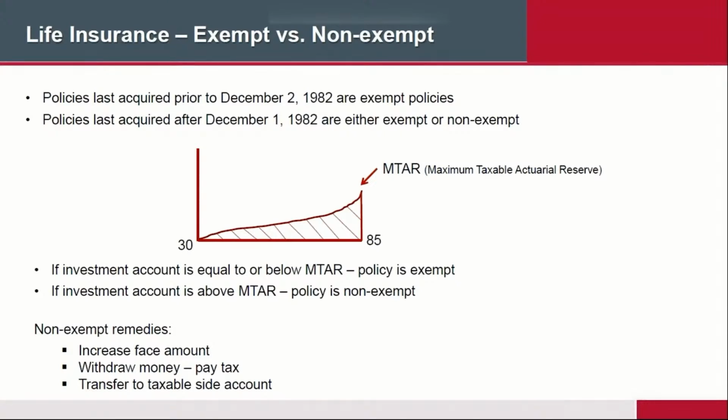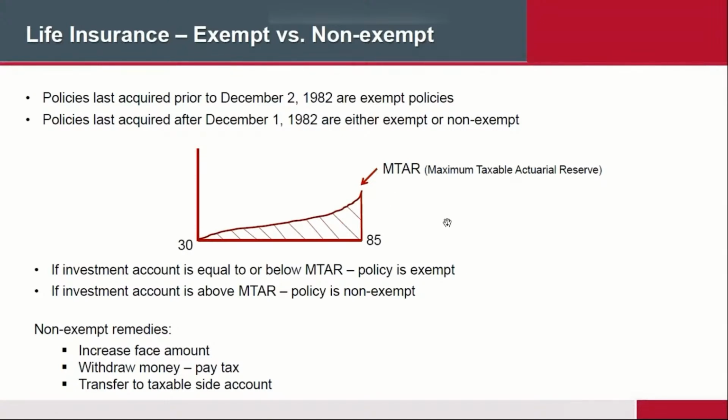So let's take a look at a product that is exempt. And let's assume for a moment that you're 30 years old, and once again, you've got $500,000 of coverage and so on and so forth. So you'll see in this graph this line, which is a very important line, and this is what they call the MTAR line, or maximum taxable actuarial reserve.